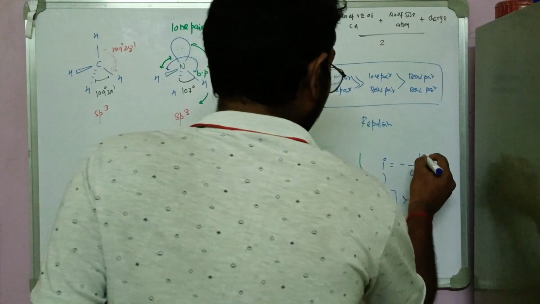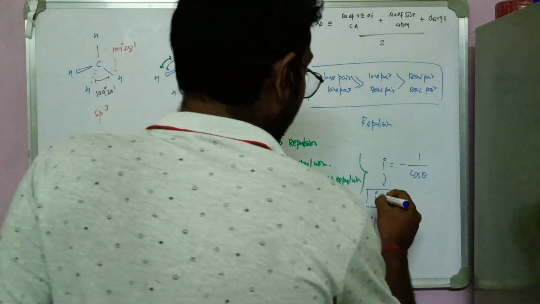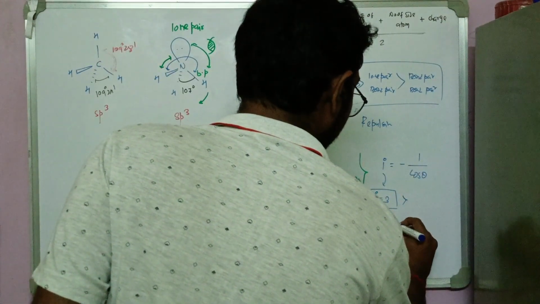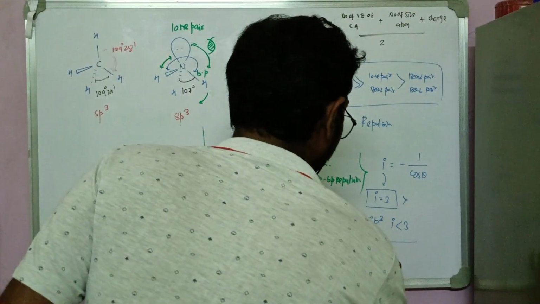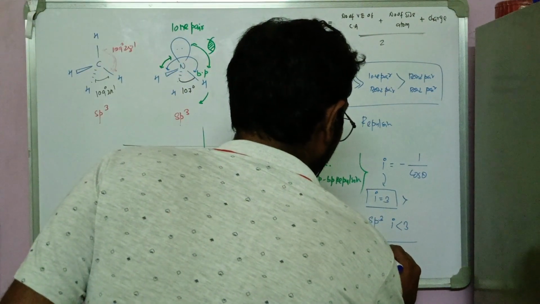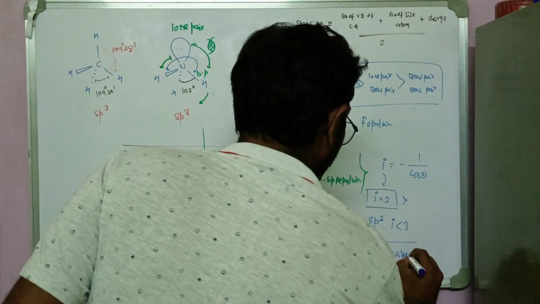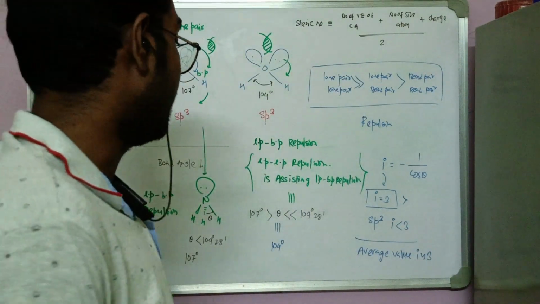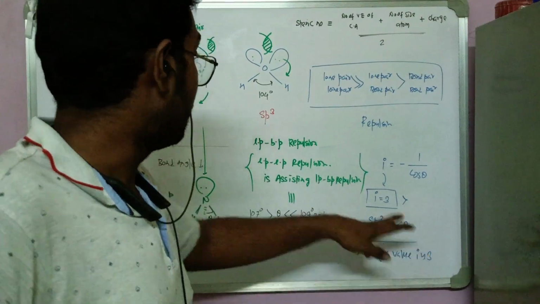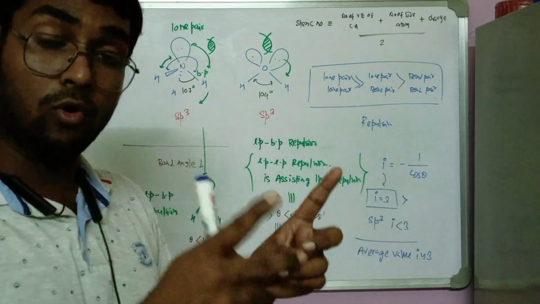From that we will get two types of i: one greater than 3 and another less than 3. And if we take the average value, then the i will be somewhat closer to 3. From that we can get the hybridization to be sp3.